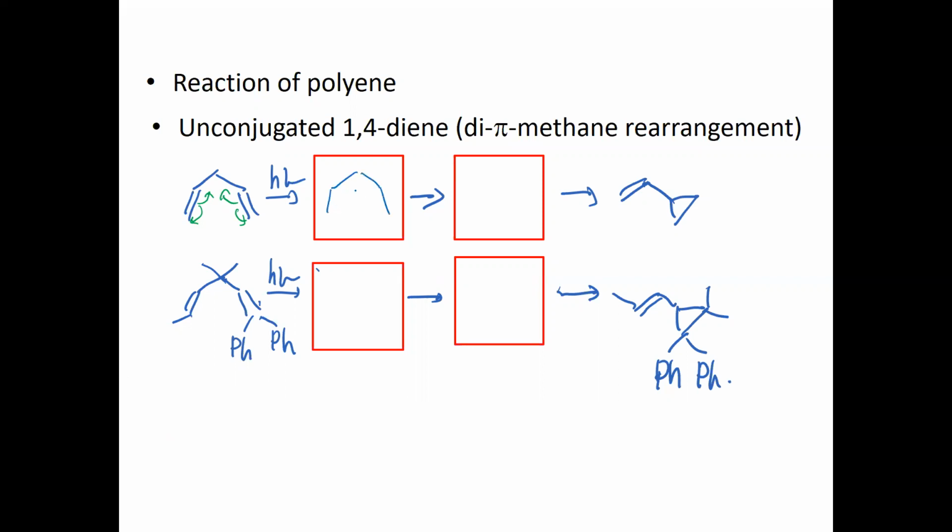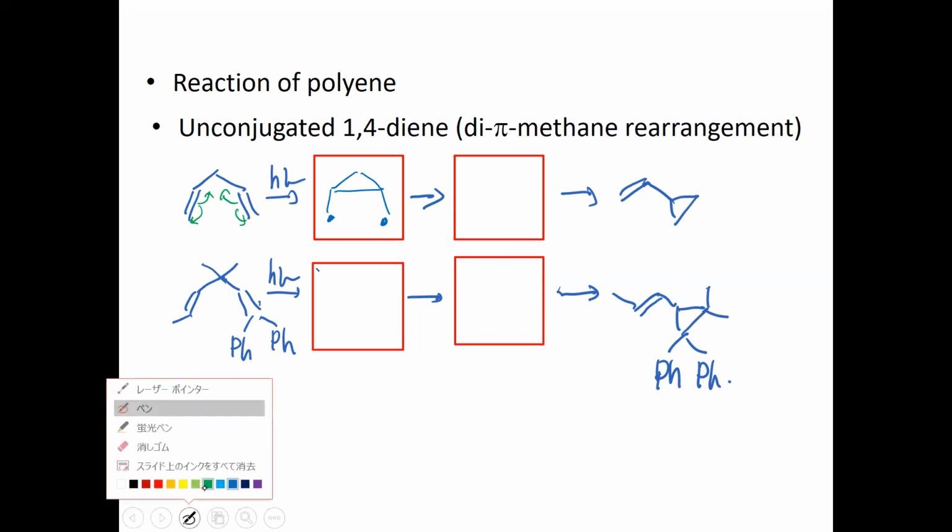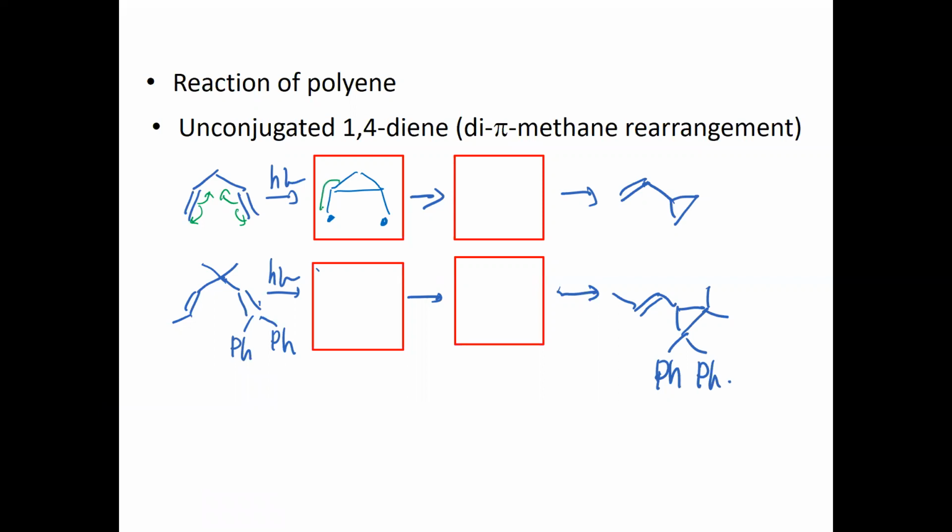cyclization like this. But this is unstable, and one of the bonds is cut off to make a double bond in here, something like this.